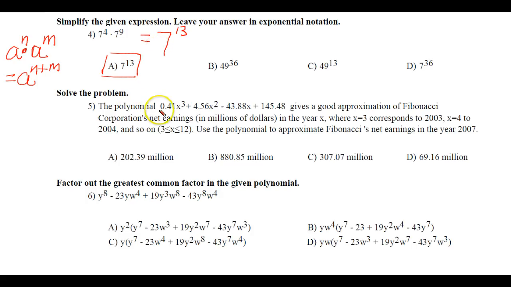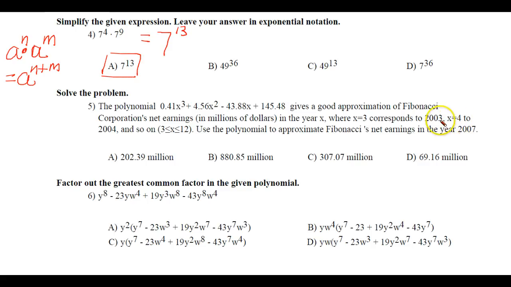Now in number 5, they give us a rather tedious kind of expression here, where they want you to think about it. Now they're saying that in the year, X, where X is 3, corresponds to 2003.